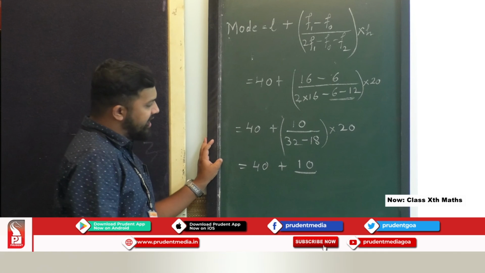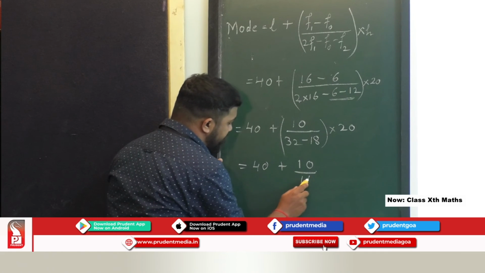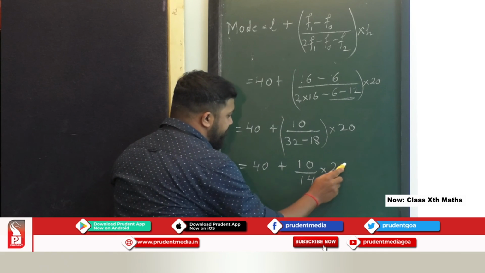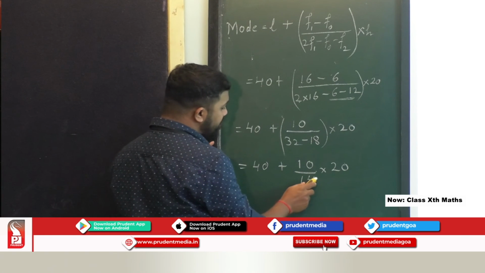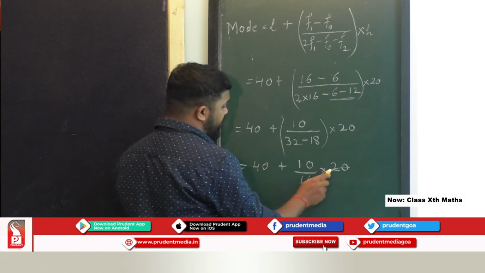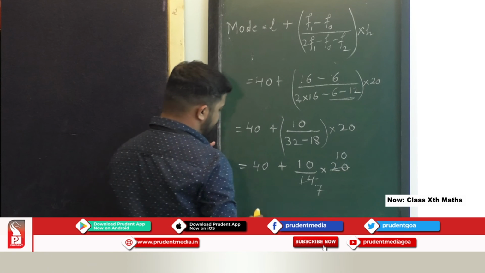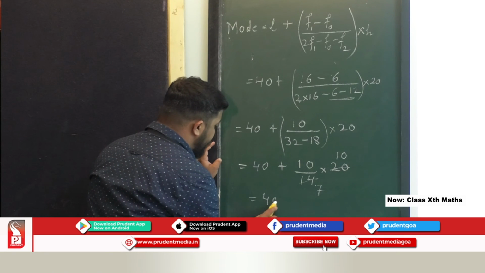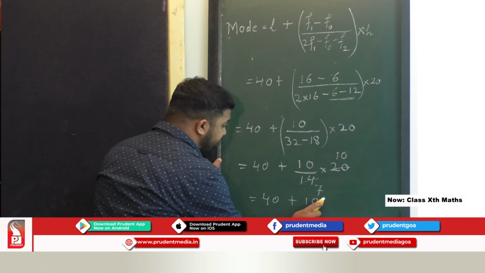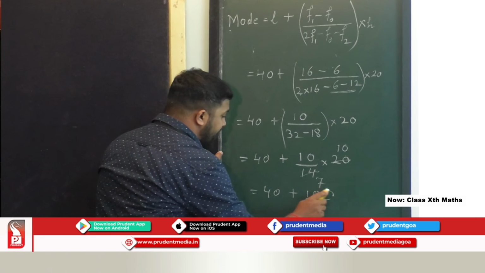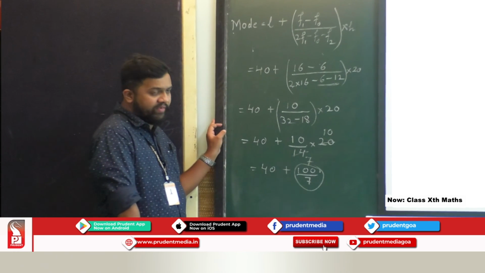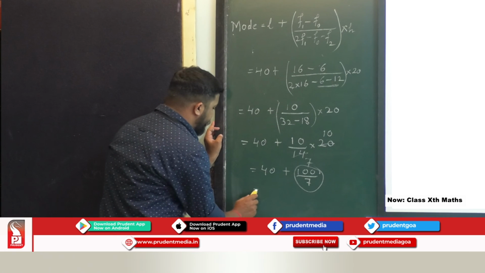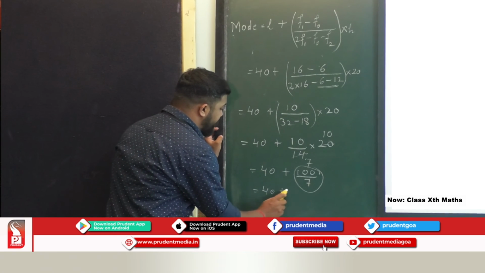So 32 minus 18 will be 14, into 20. I can cancel these numbers, 2 sevens are 14, 2 tens are 20. So this will give me 40 plus 10 tens are 100 divided by 7. Again I am telling you, first find the value of this. That is 100 divided by 7, which gives you 14.28.